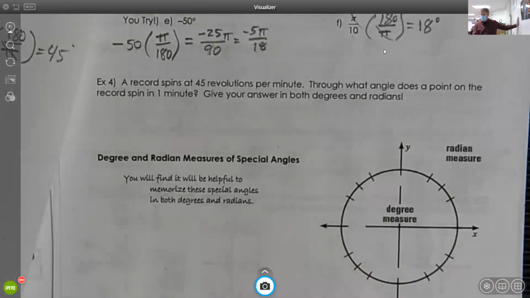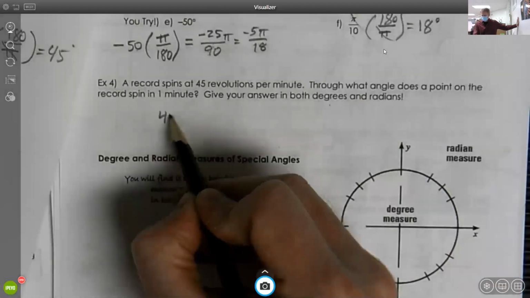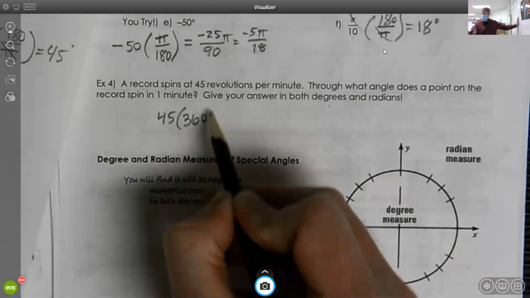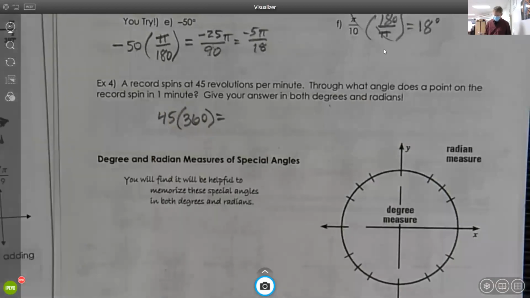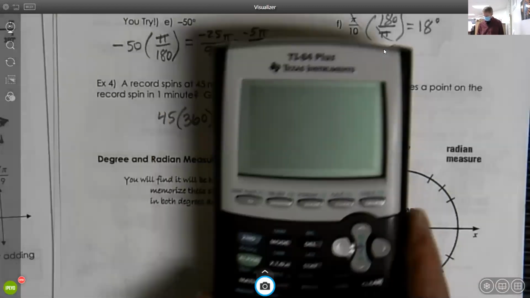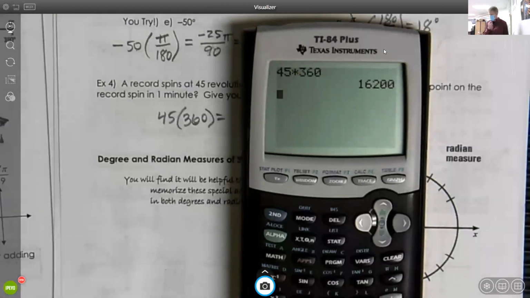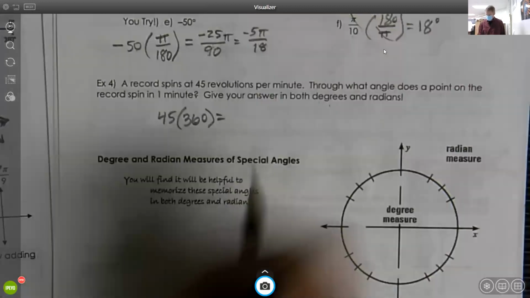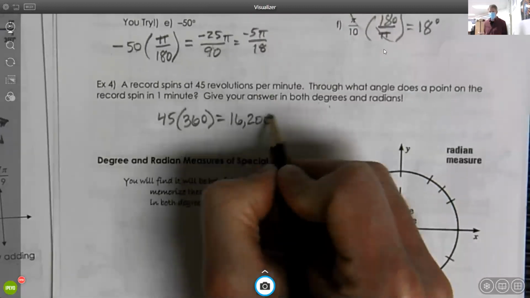So if we want our answer in degrees, we're going to say 45 does a full spin, which is 360. So we want to times 45 times 360. That would give us each time around is 360, and we do that 45 times. So we're talking 16,200 degrees.